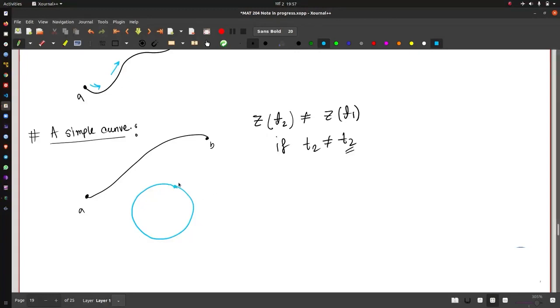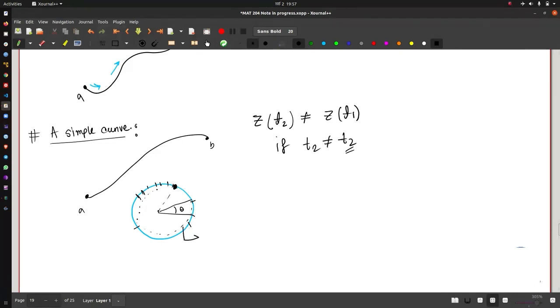but it encloses on itself, because if you take all the points over here, let's say here, here, you can see that for different parameters, a convenient parameter would be the angle itself, the theta. You can see that all the points are different and all the values of the parameters on these points on the perimeter of the circle are also different. Apart from this point, let's say this is our starting or ending point, here the curve encloses on itself, and this is also a simple curve.